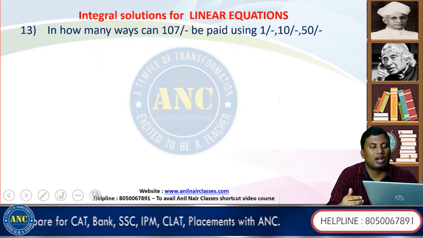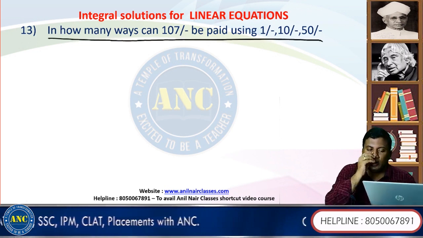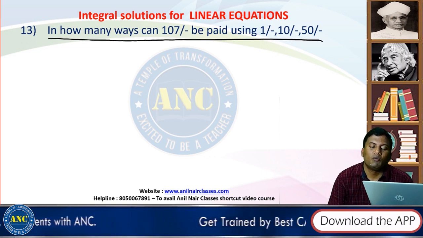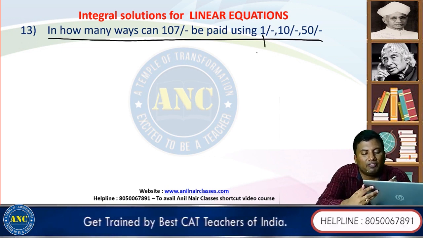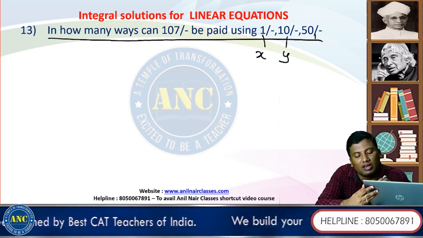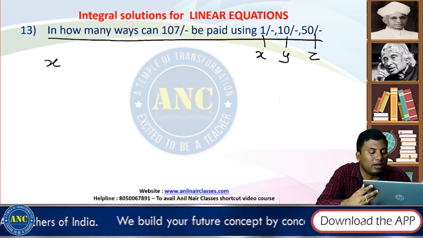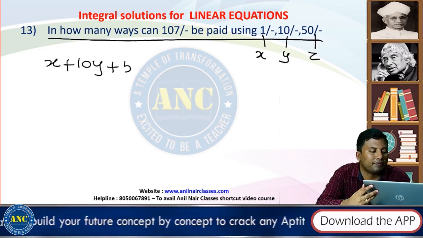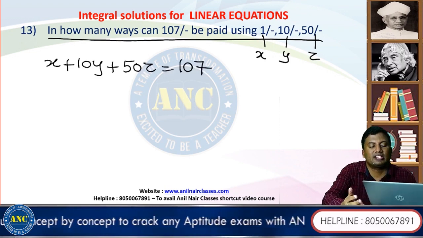The question can also be asked like this. In how many ways can 107 rupees be paid using 1 rupee, 10 rupees and 50 rupees? If I take x coins of 1 rupee, y coins of 10 rupees, and z coins of 50 rupees, the equation becomes x plus 10y plus 50z is 107.